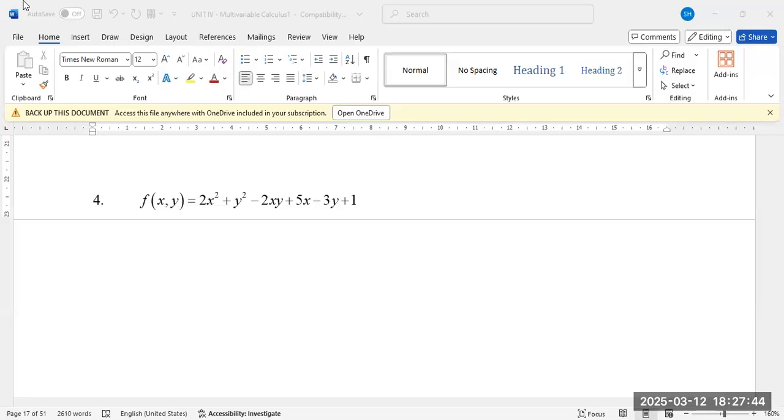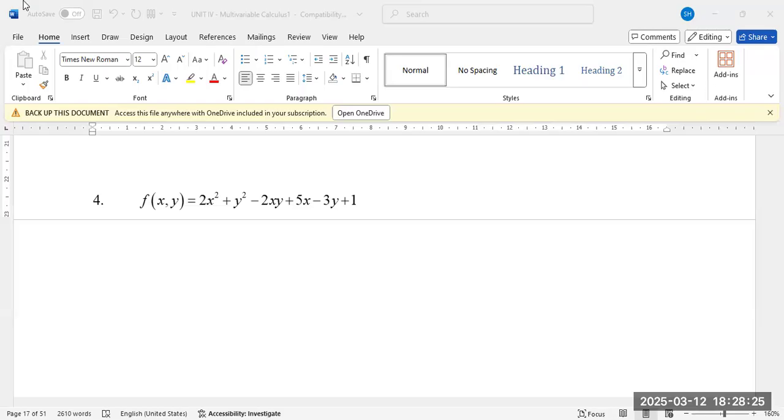What do we have for f subscript x? 4x minus 2y plus 5. I'm hearing 5y, which is it? 4x minus 2y plus 5. Somebody said 5y. Are you okay with 4x minus 2y plus 5? Yes, sir.